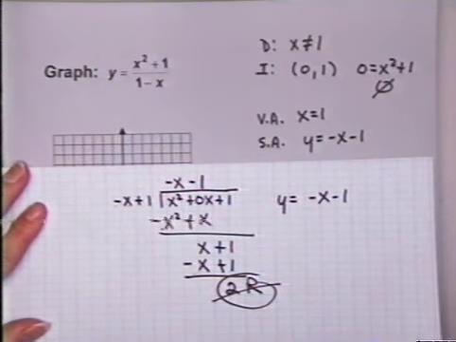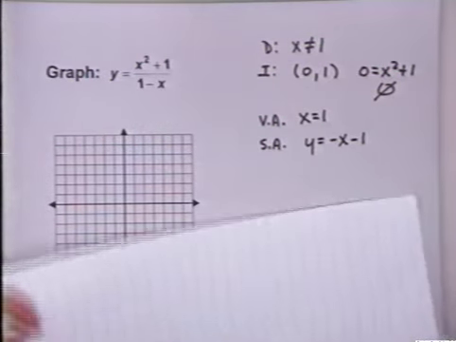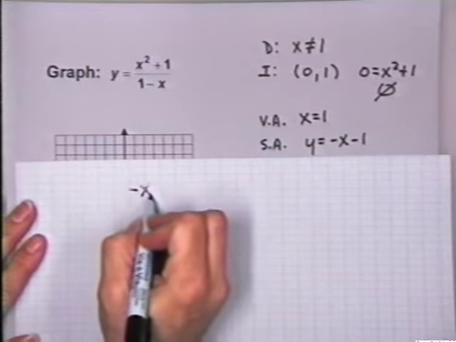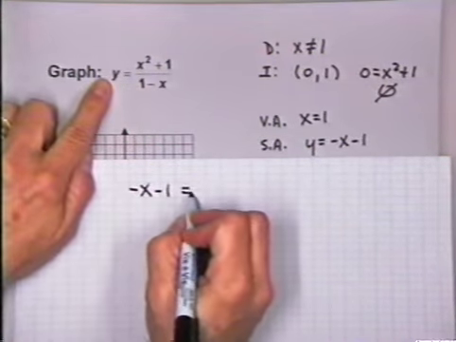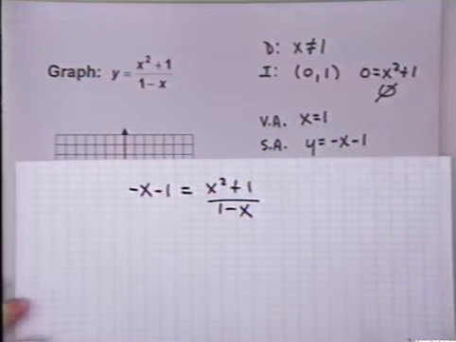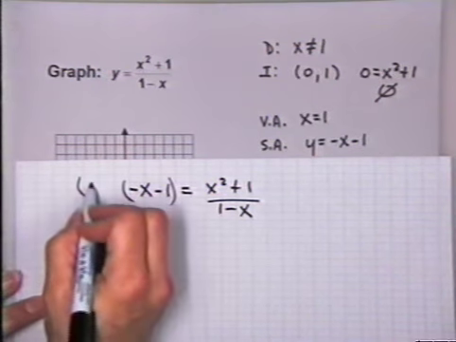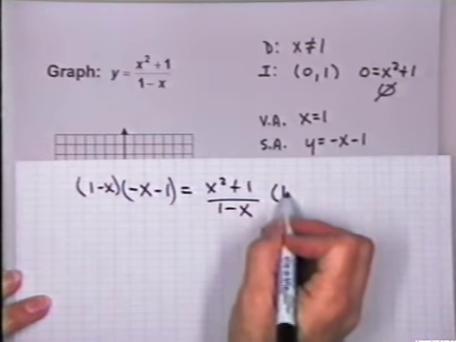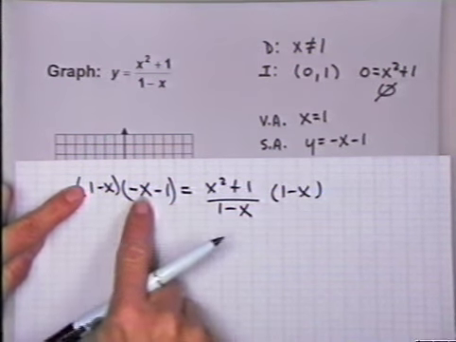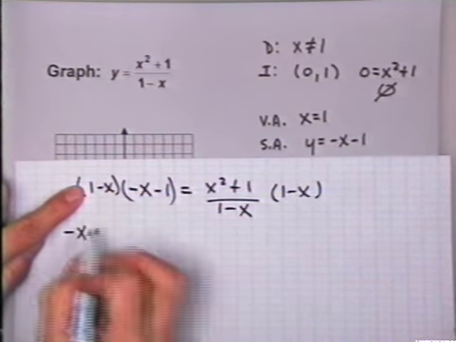Let's go ahead and check while we're here to see if we cross this slant asymptote. Replace y with negative x minus 1 in y equals x squared plus 1 over 1 minus x. Notice we're going to multiply both sides by 1 minus x. Well, let's see. I think I'll just do this as a quick FOIL: 1 times a negative x is a negative x.